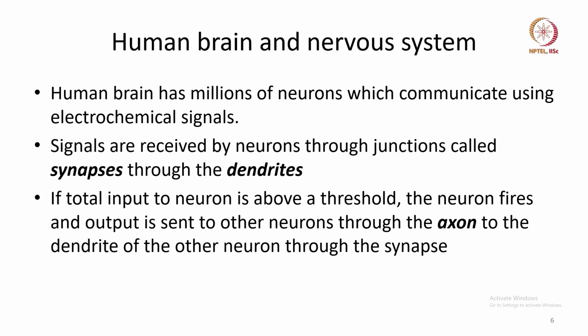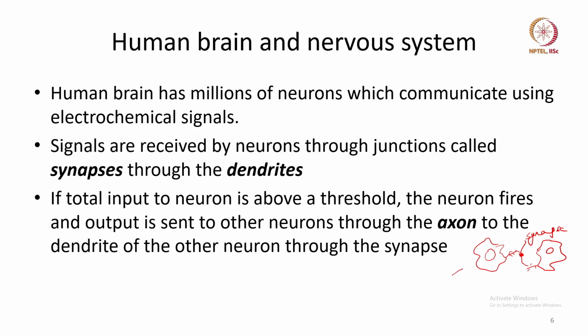Okay, so suppose I have one neuron like this. Okay, and you have another neuron in the brain. This is the nucleus of the neuron. So some output which you are getting from these two may be connected like this, and this is known as your synapse.